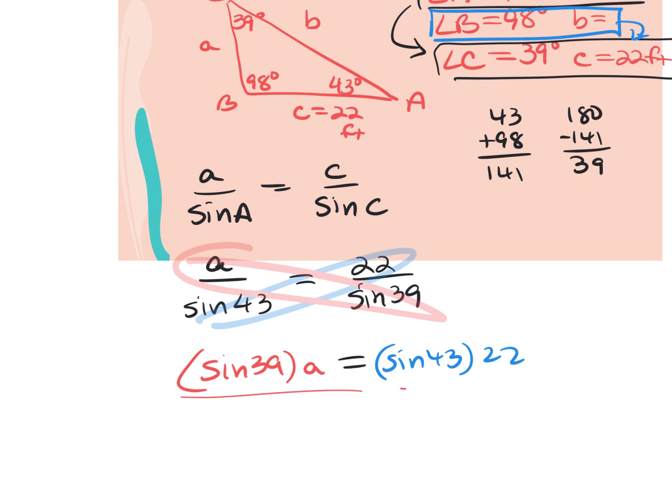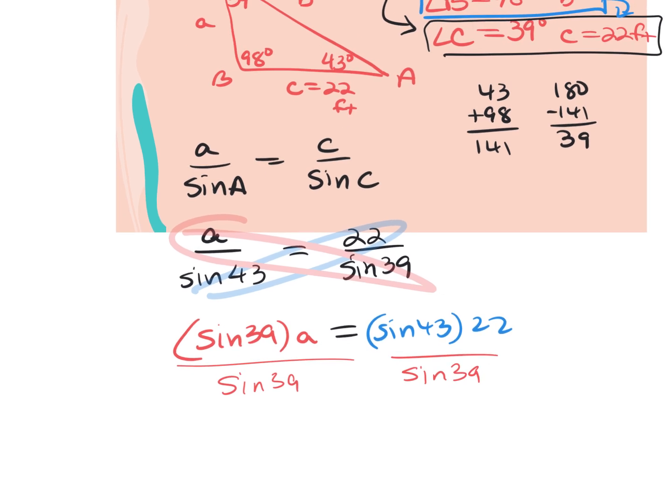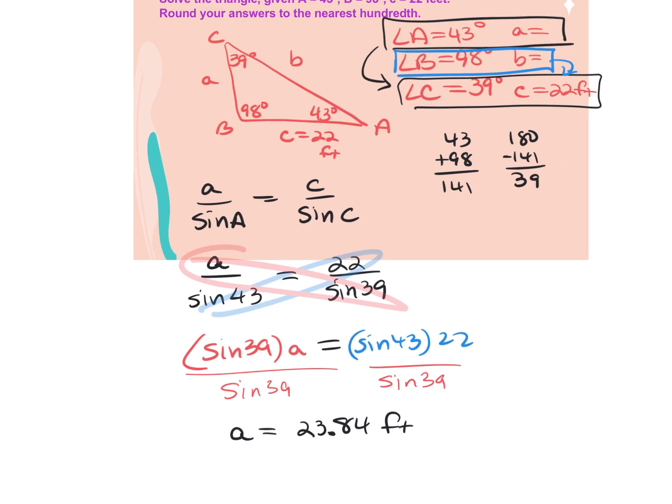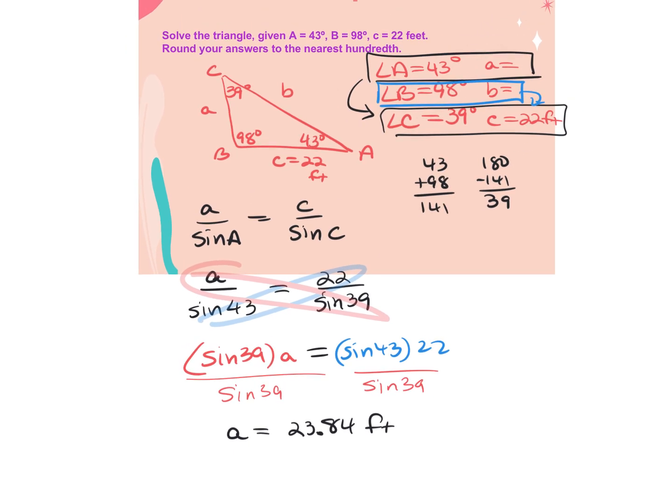I'm going to divide both sides by the sine of 39. And again, keep the long numbers on your calculator. Do not round until the final step. So a is equal to 23.841, so 23.84, and these are feet. So that's lowercase a, 23.84.